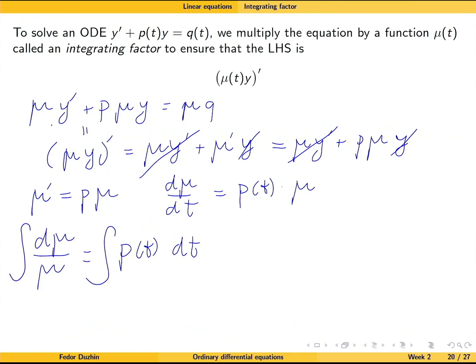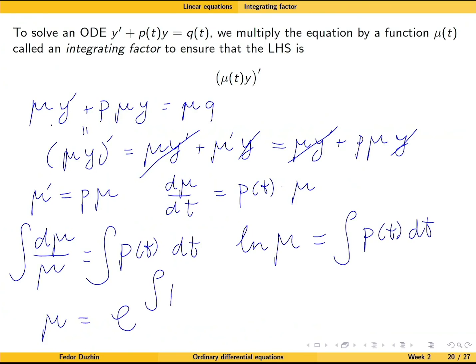Integrate. The antiderivative of 1 over mu is ln mu, which equals the integral of p of t dt. So mu itself is e to the power integral of p of t dt. Wow. Okay, so that's the formula for the integrating factor.